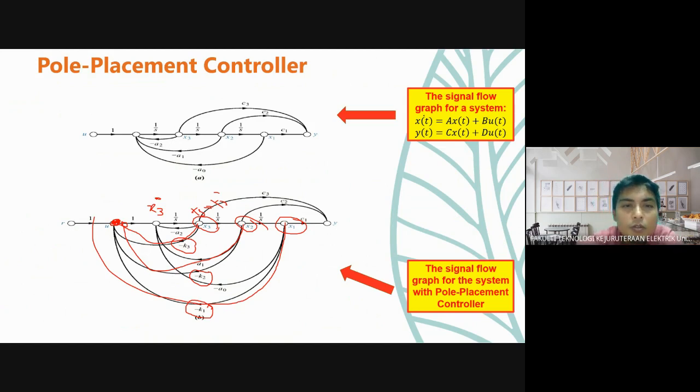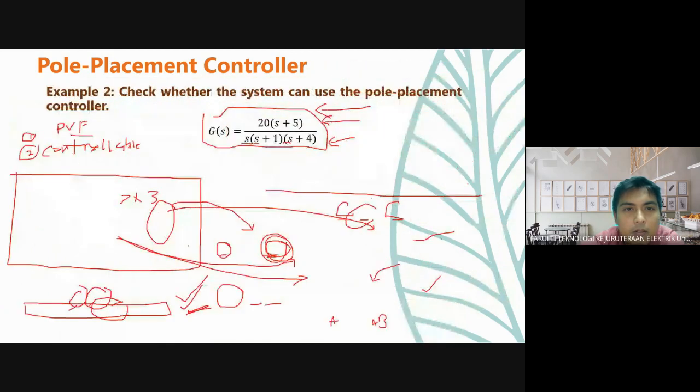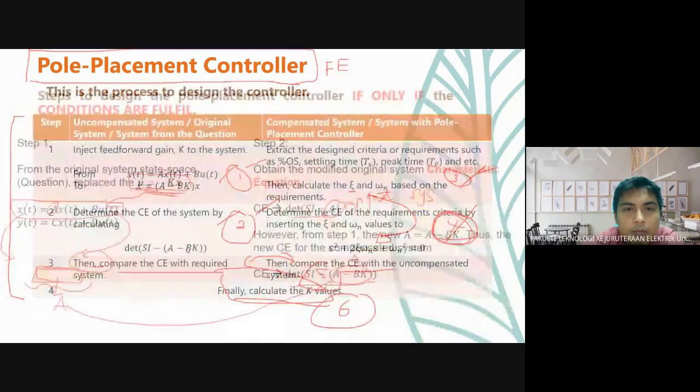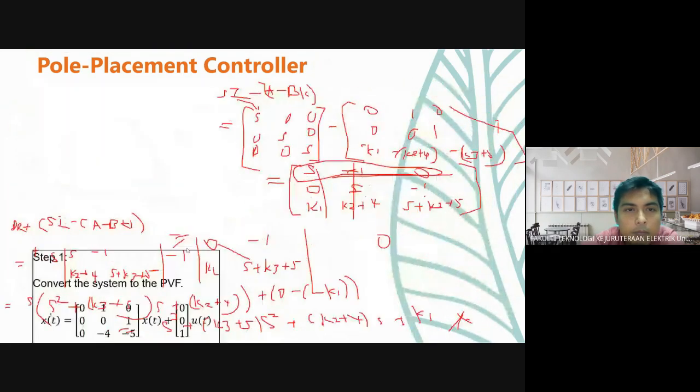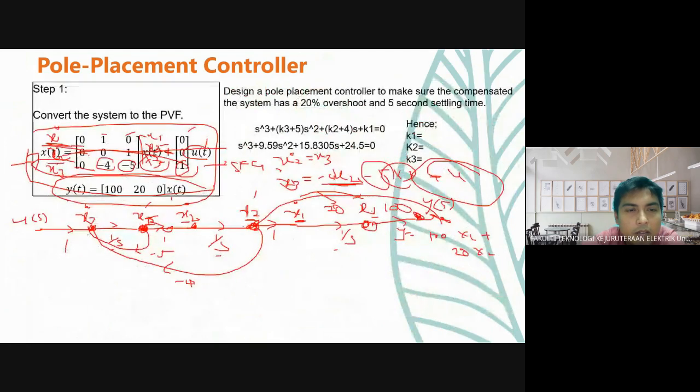So what you need to do, you look at your signal flow graph again. Where is the signal flow graph? All right. So this is the point that you need to put it here. You can see this is your x1. So the feedback will be negative k1.